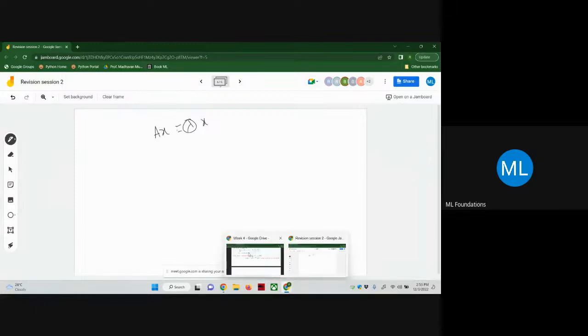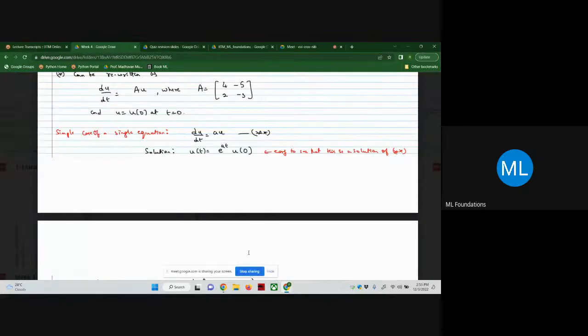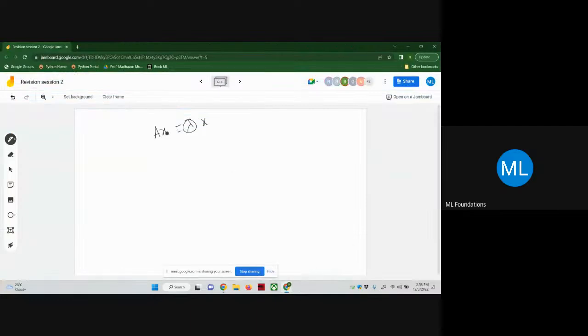So only for the eigenvectors will the angle not change, but for the others the angle might change. Suppose Ax1 equals lambda 1 x1, because here x1 is an eigenvector.